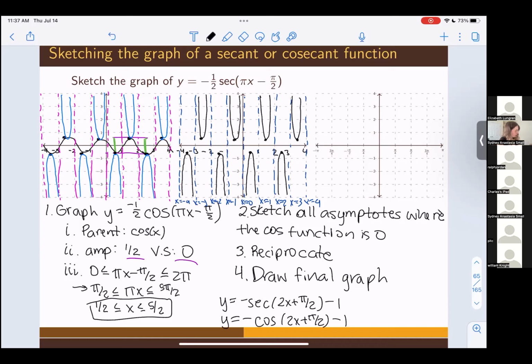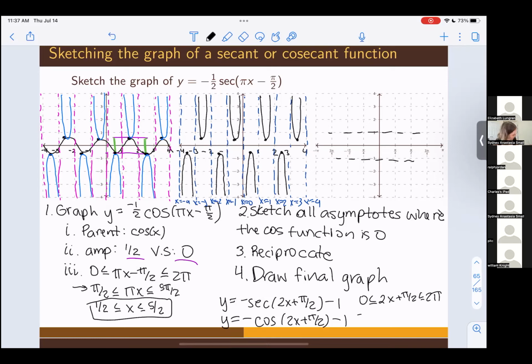Just looking at this right away, I can see that the amplitude is 1 because there's no multiple out in front. And then cosine's period is 0 to 2 pi. So we're going to want to solve this inequality in order to get the x bounds of our cosine box.